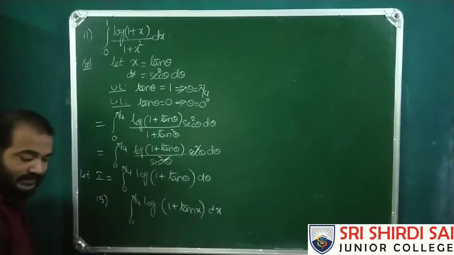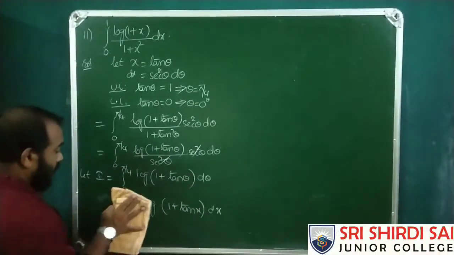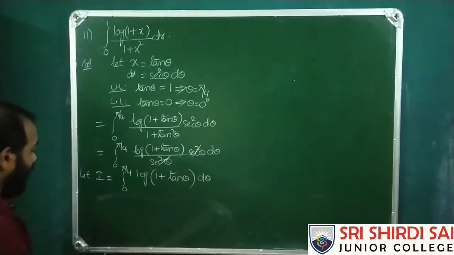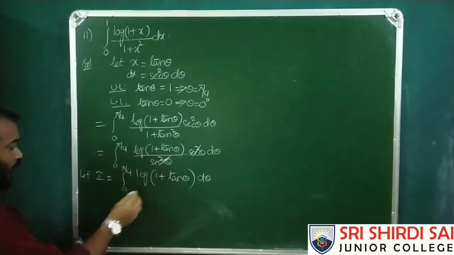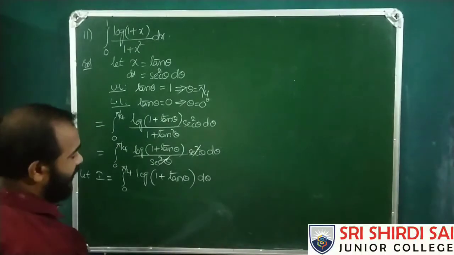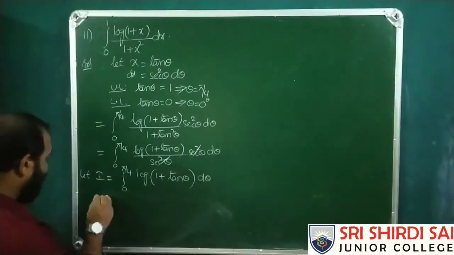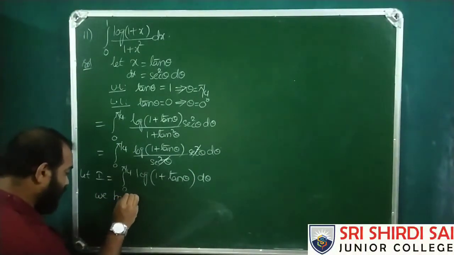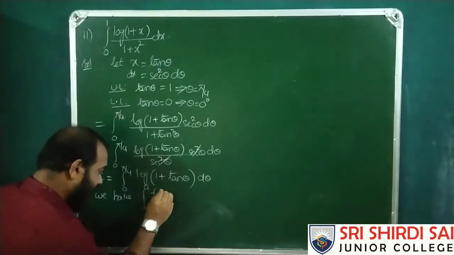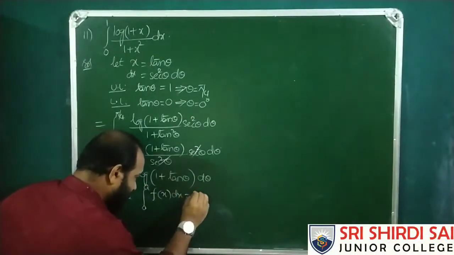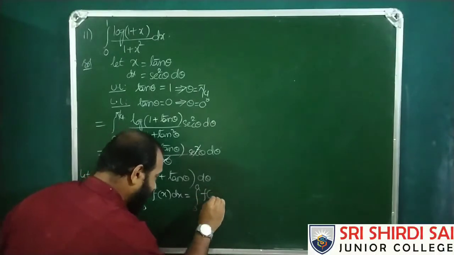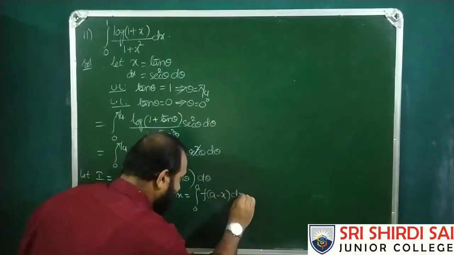Now let us consider this integral 0 to pi by 4. What is our favorite property? We have integral 0 to a f(x) dx is equal to integral 0 to a f(a minus x) dx.